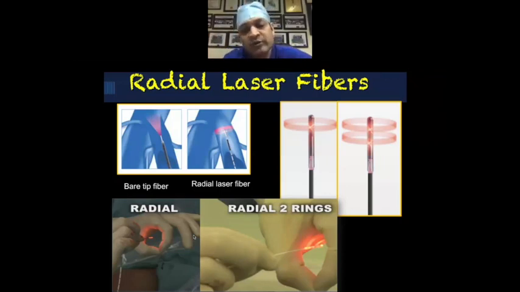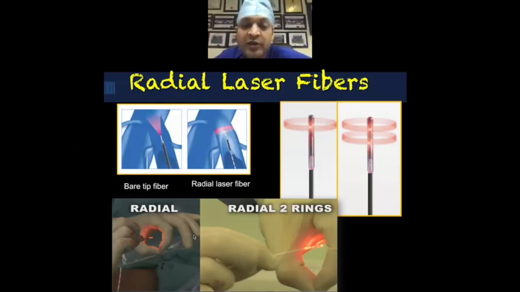There was also another theory: if you burn with a single ring not in a continuous mode but in an interrupted mode, the ring is only at one point, but we withdraw the fiber every 1 centimeter. So maybe we leave some space in between with the vein not burned. So let's place 2 rings there so that we can burn the vein totally in the whole 1 centimeter area.